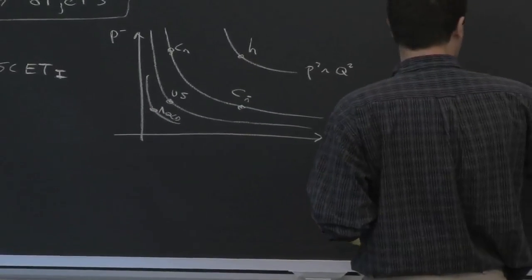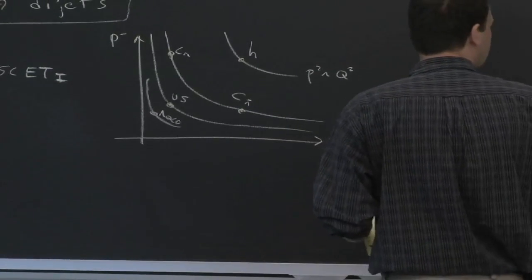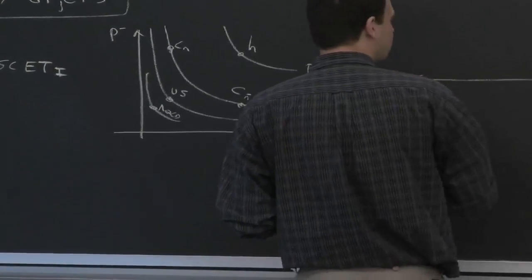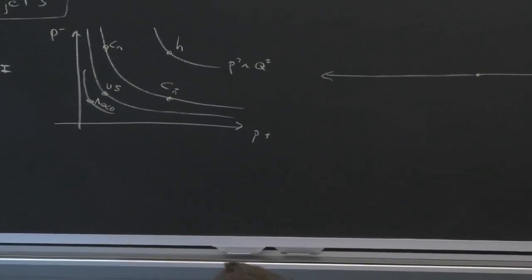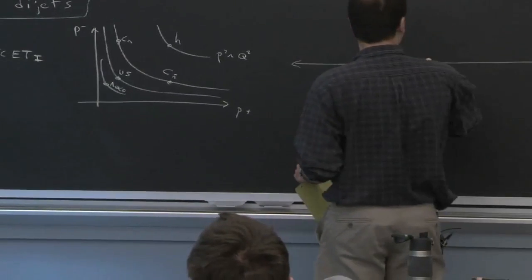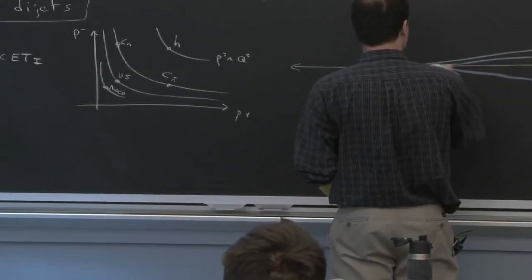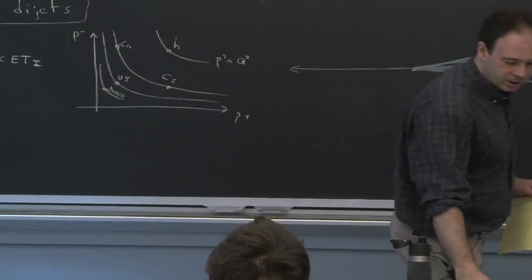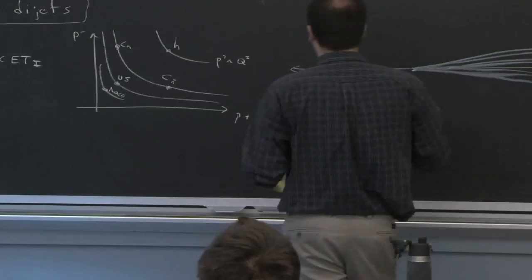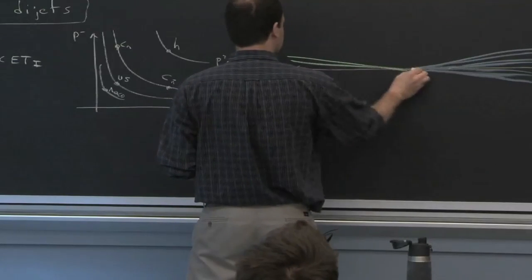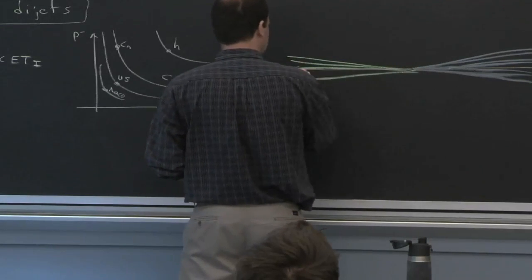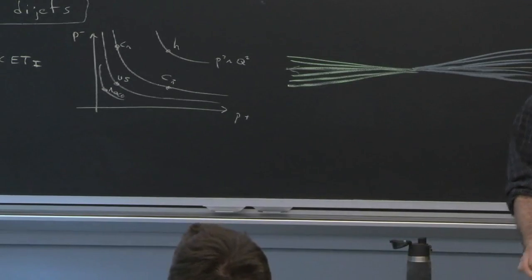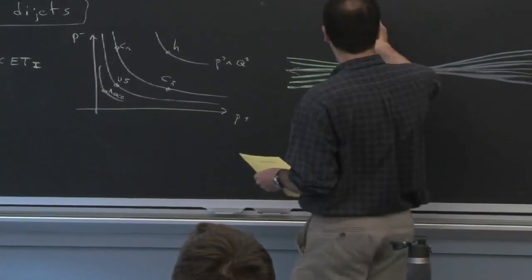We have back-to-back jets. Let me draw one jet this way, one jet this way. Maybe I should use some color. So there's one of our jets. There's another. And then there can be soft radiation.